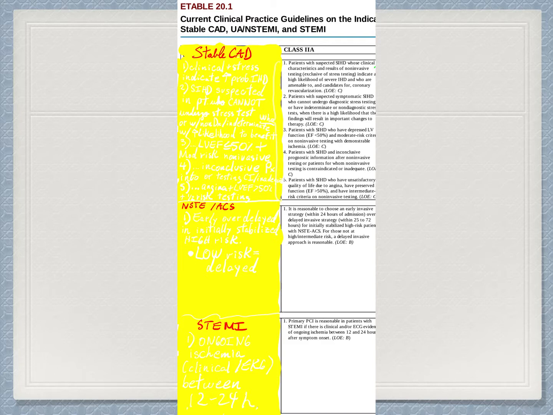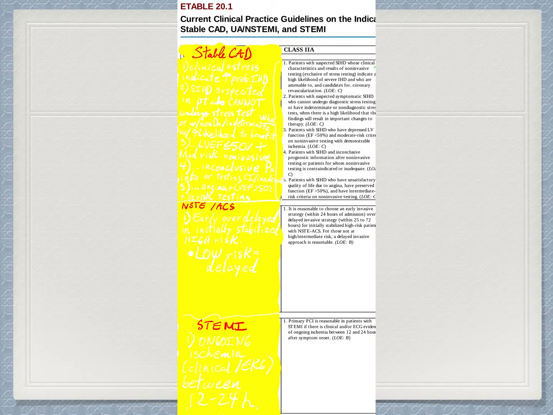Now, in the context of STEMI, 1, if the patient has ongoing ischemia, whether it be found clinically or electrically, between 12 and 24 hours. This is class 2A. Remember that class 1 was in the first 12 hours of STEMI.